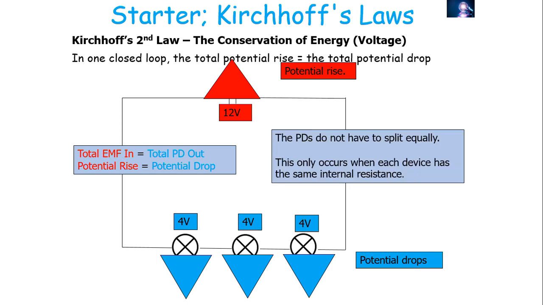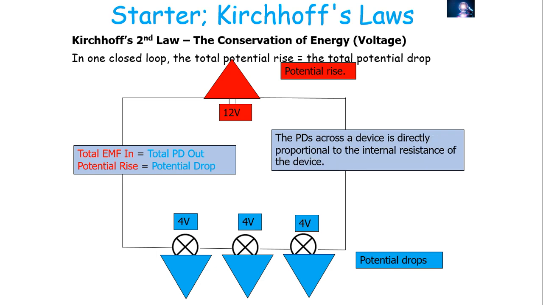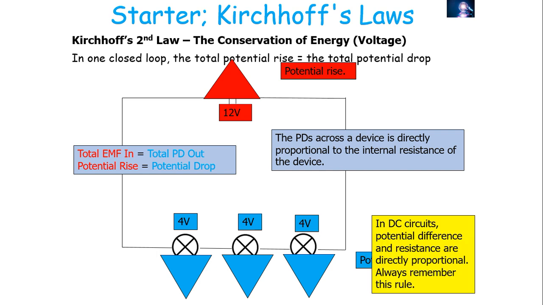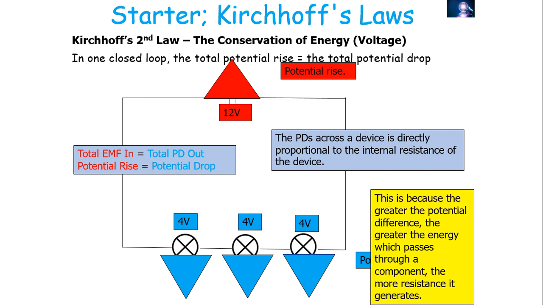Now again, like with current, the potential difference doesn't have to split equally, okay, because each device has its own resistance. The potential difference across a device is directly proportional to its resistance. So in DC circuits, the potential difference and the resistance are directly proportional, because the greater the potential difference through a component, the greater the energy that passes through it per charge, the more resistance it generates.